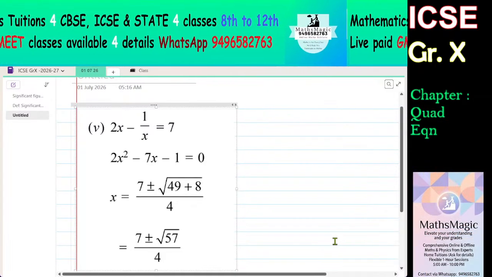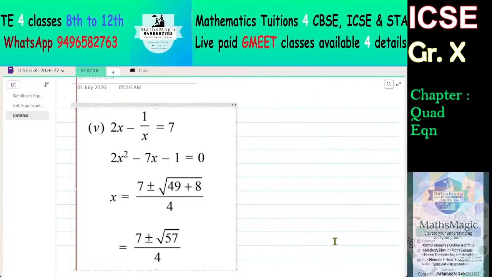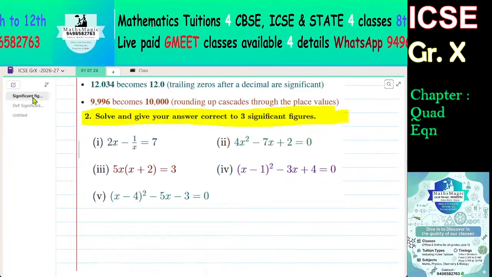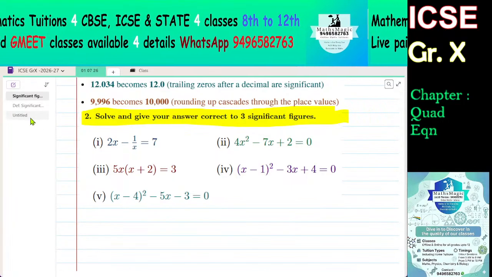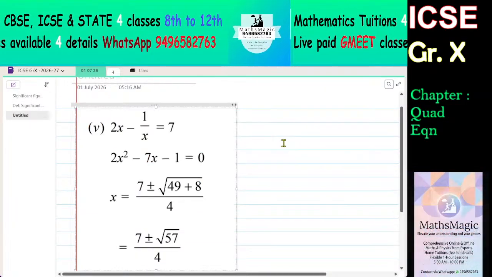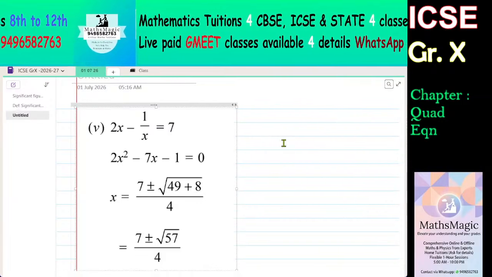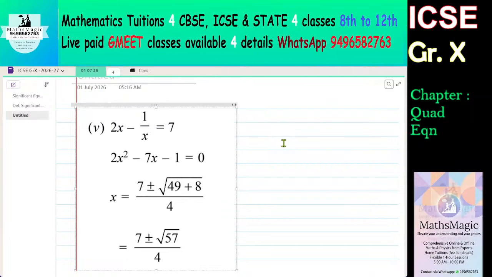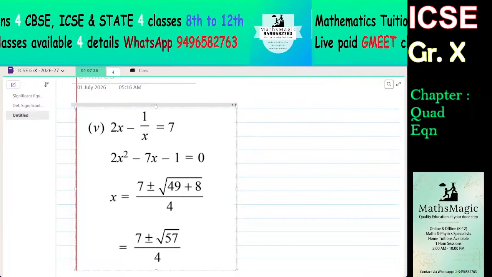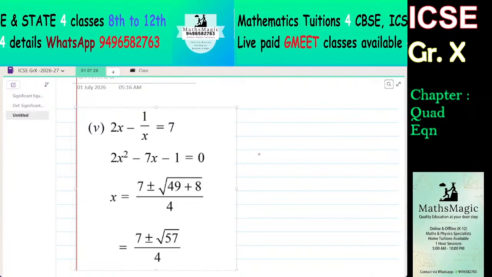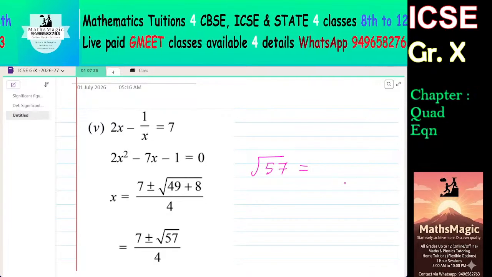And in the last class, we discussed how to find square root using the long division method. So you need to have three significant figures. And you have found the square root of 57 by the long division method. Square root of 57 is, most of you have found up to 3 decimal places.